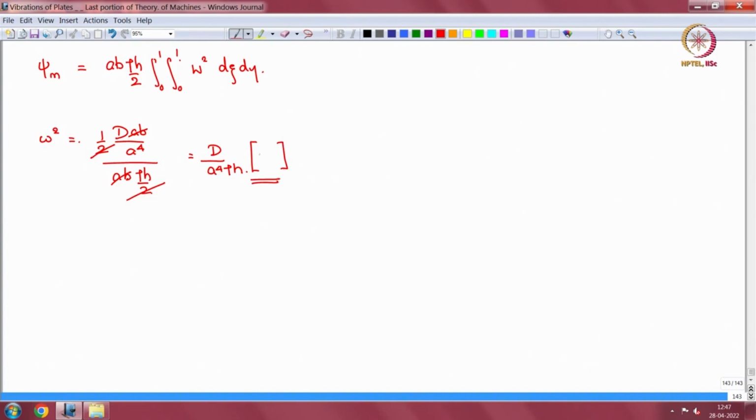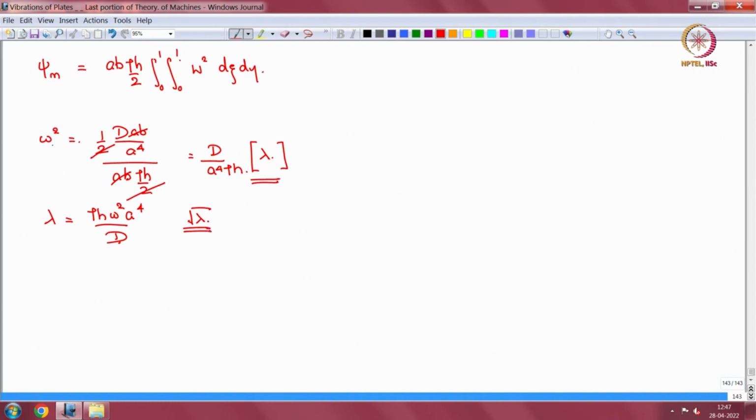So, let us call this lambda. Then lambda becomes equal to rho h omega square a fourth by d, and what is listed is lambda, root of lambda.